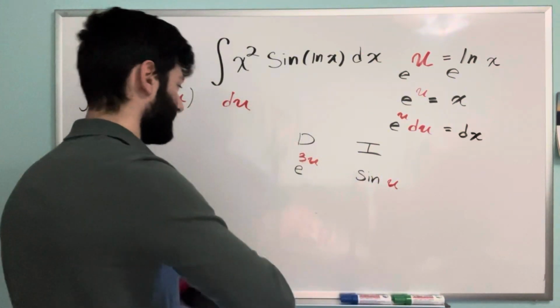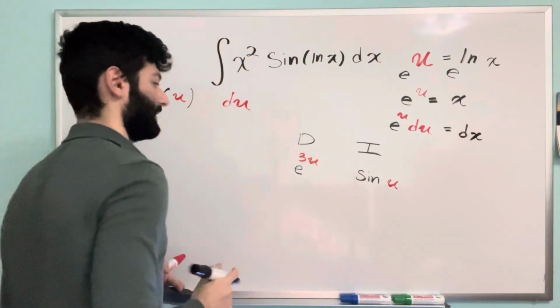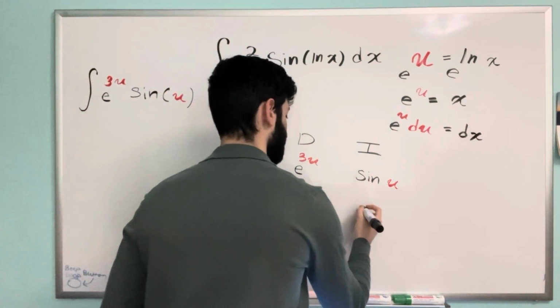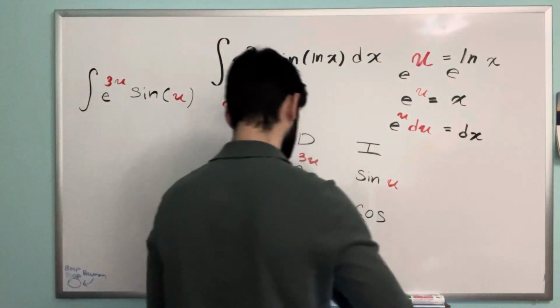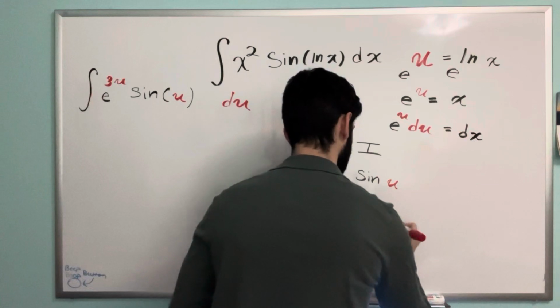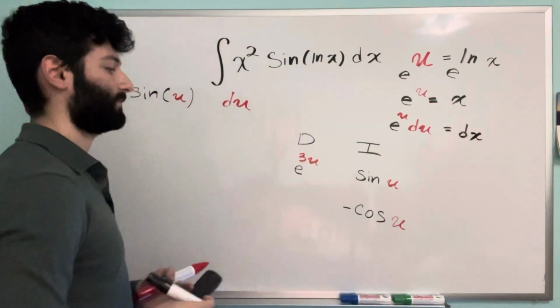and integrating, we get negative cosine of u.